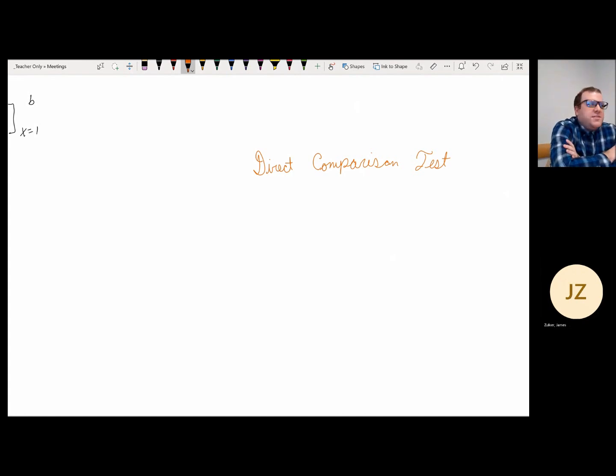One of two comparison tests: the direct comparison. Let 0 be less than or equal to a sub n, less than or equal to b sub n for all n greater than or equal to 1.